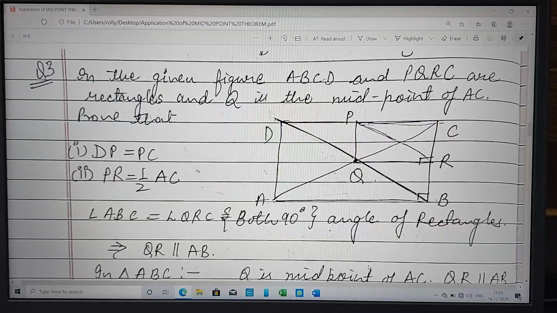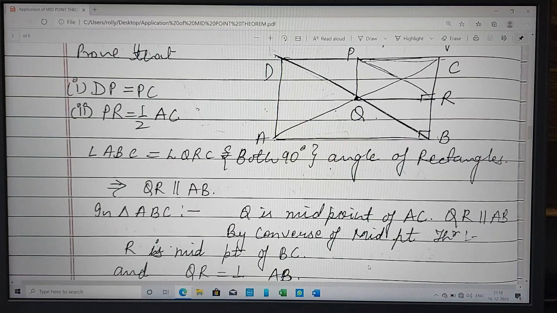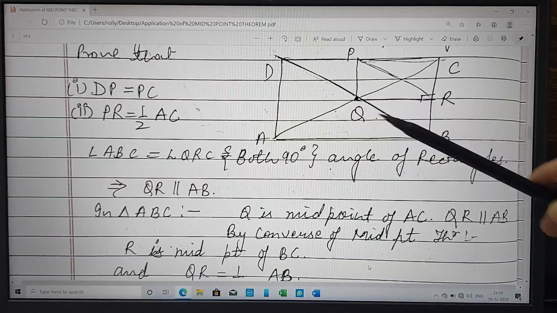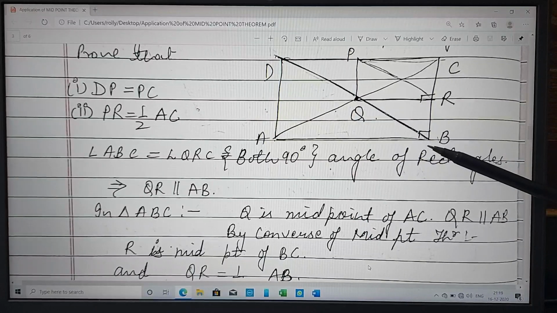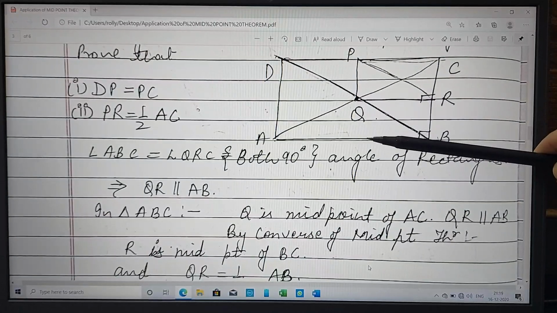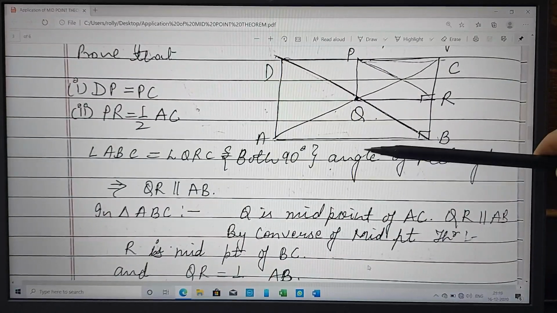Yes, we'll write that R is the midpoint of BC. Clear? And QR will be equal to half of AB, because we have taken triangle ABC, and QR is opposite to the base, the opposite base is AB. So QR is half of AB.